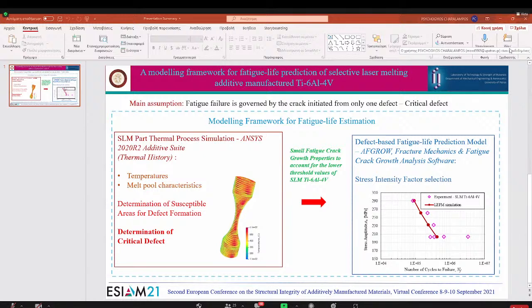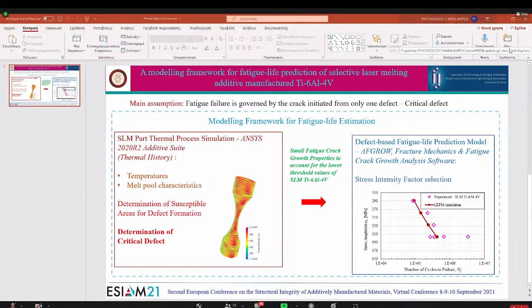The main reason that we assume that the crack initiated from only one defect is from the literature review of experimental results. On most occasions, the crack initiated from only one defect, and in the experimental study used as a reference, only one defect was the main crack.